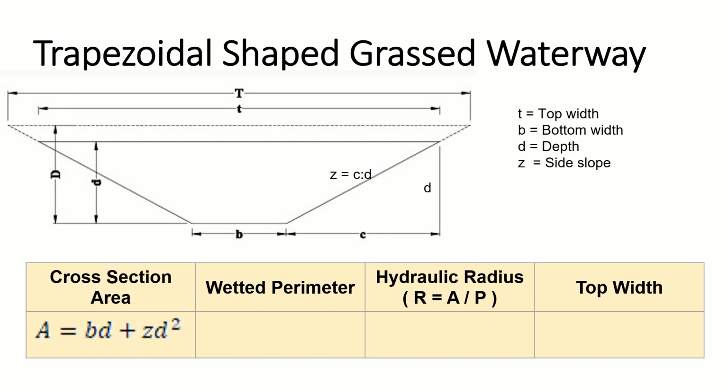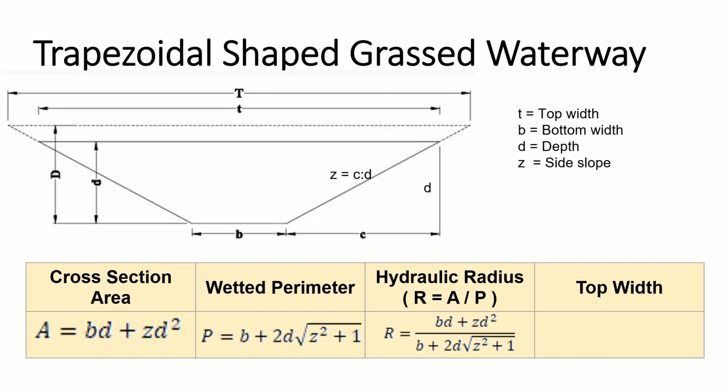So top width is nowhere to be seen in this equation. A is equal to BD plus ZD square. To calculate the wetted perimeter, we'll be using this equation: B, that is the bottom width, plus 2 times the depth multiplied by square root of side slope square plus 1. If we substitute these values, we can calculate the wetted perimeter.